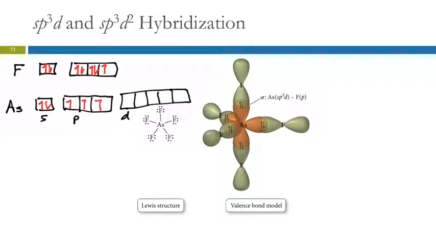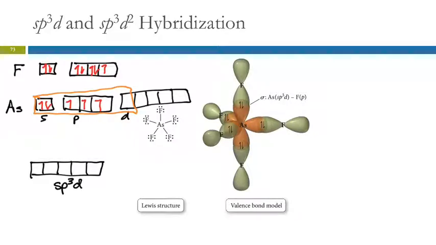So arsenic can hybridize 5 orbitals together. We'll take the s, all 3 p's, and 1 of the d's. So now we're going to get 5 sp3d, equal in energy, and then we've got these left.